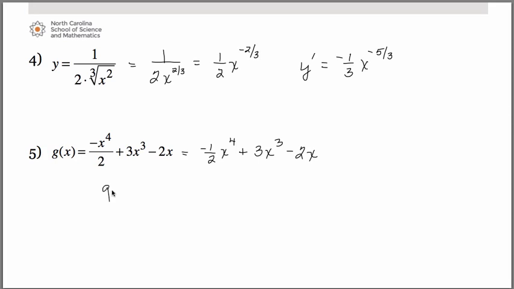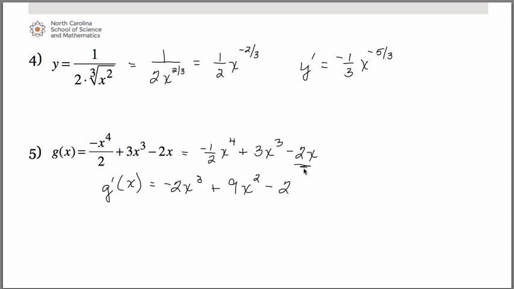So this derivative, we have negative 1/2 times 4, so that's negative 2. X, take away 1 from the exponent, so that's cubed, plus, now we have 3 times 3 is 9, x, and that becomes squared, and then the derivative of the last term simply is 2.